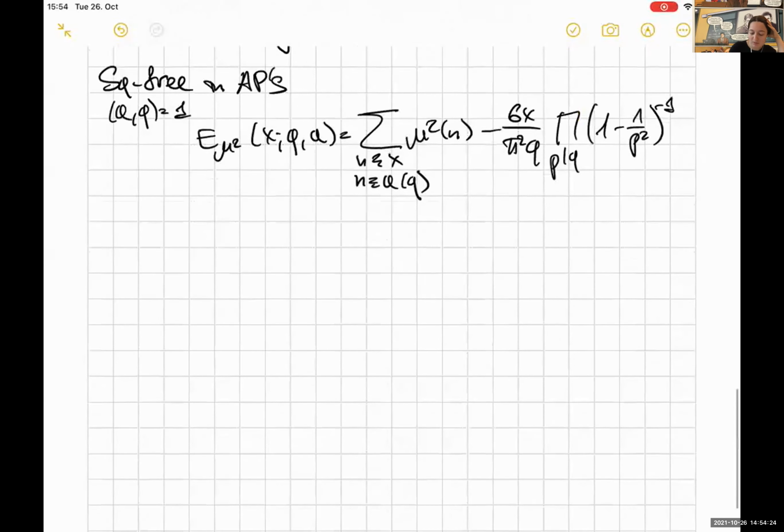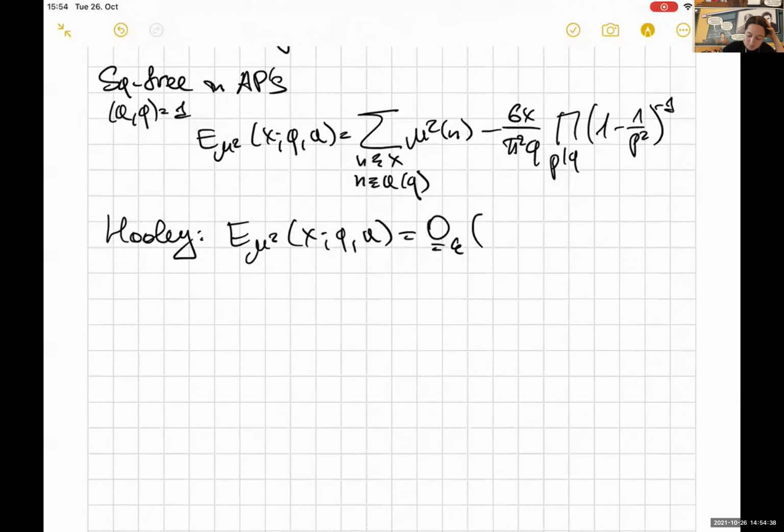So what we know about the individual case, for individual moduli, is that Heath-Brown, I think this is the best up to date, showed that this one satisfies the bound big O of x over q to the power 1/2, plus q to the power 1/2 plus epsilon. The implied constant in the big O depends only on epsilon, and epsilon is arbitrary.